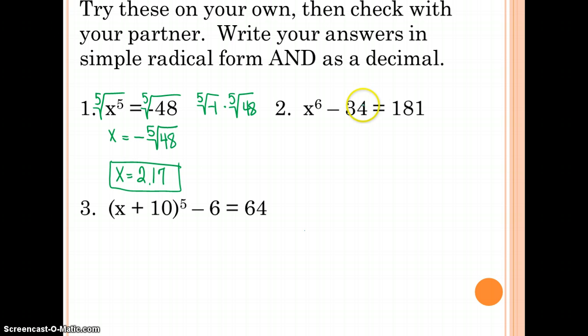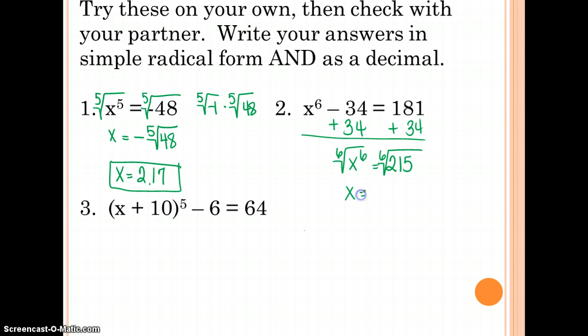For number 2, since this is not in parentheses, that means that I need to move the 34 first. So I'm going to add 34 to both sides, which gives me x to the 6th is equal to 215. And now I'm going to do the 6th root of both sides.